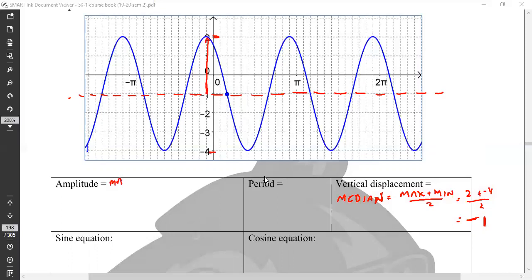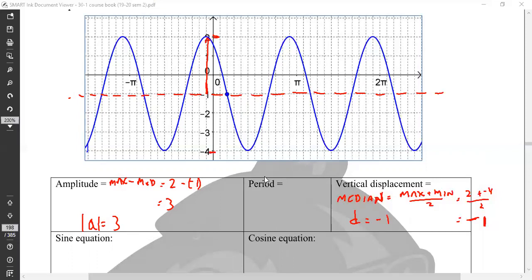So our max minus our median is 2 minus -1. Careful of subtracting negatives because this is 3. What that means in our equation is absolute A is going to be 3. This vertical displacement told us that D was going to be -1.